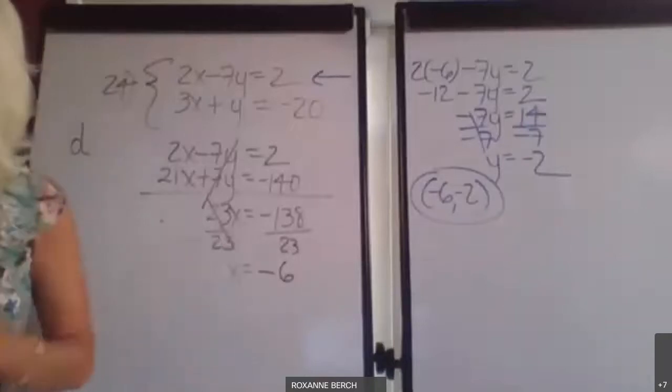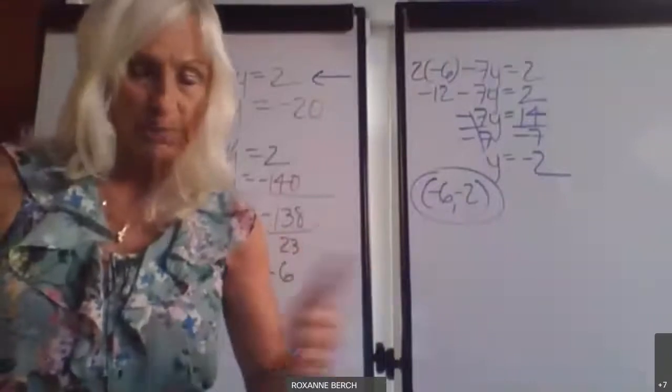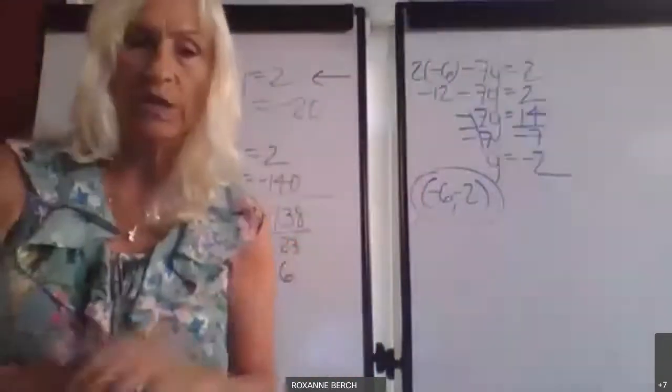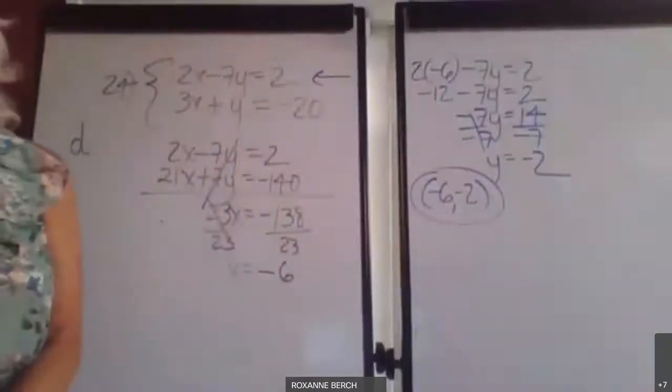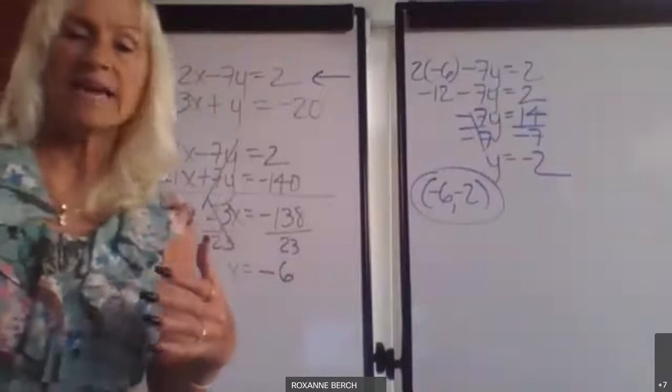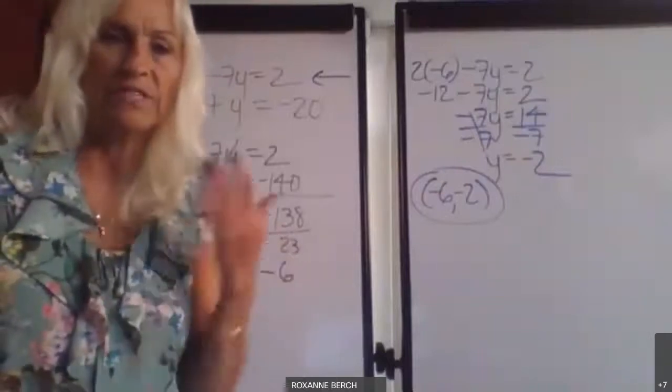Okay, so we verified that ordered pairs are solutions. We solve by substitution, we solve by addition, also known as linear combinations and elimination. And the last thing I taught yesterday was what happens if you lose the variable?